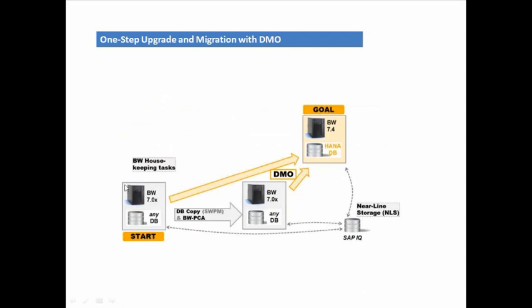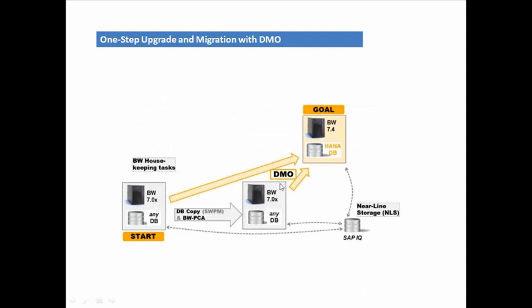Let's say I have an existing BW 7.0 on any database, say it could be Oracle or SQL Server, whatever it is. Generally, in real time, they don't touch the direct system. They do a POC. What they do is create a copy of this system.